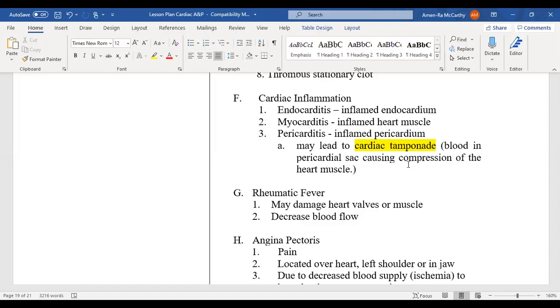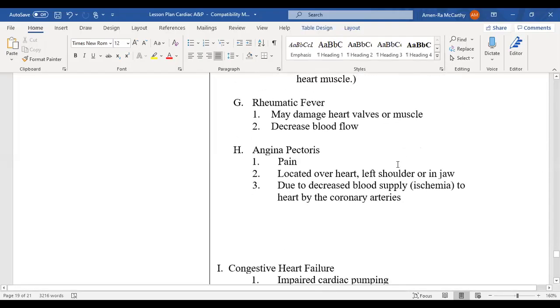All right. Rheumatic fever. Rheumatic fever is another cardiovascular disease. It may damage the valves or the muscle of the heart. If they get rheumatic fever from another country or something like that, it can damage the heart valve or the heart muscles.